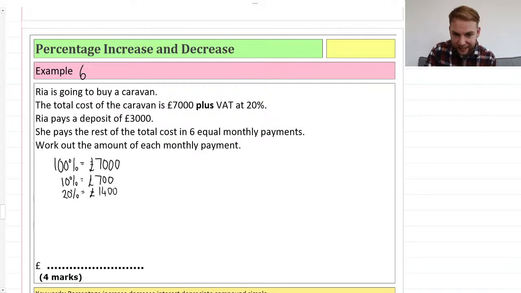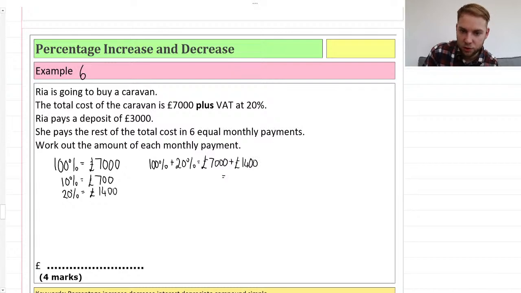Now, because we're doing an increase of this, we need to do 100% plus the 20%, which is equal to 7,000 plus the 1,400, which is equal to 8,400. So that's how much this caravan's going to cost with the VAT. We should say here this is 120%.